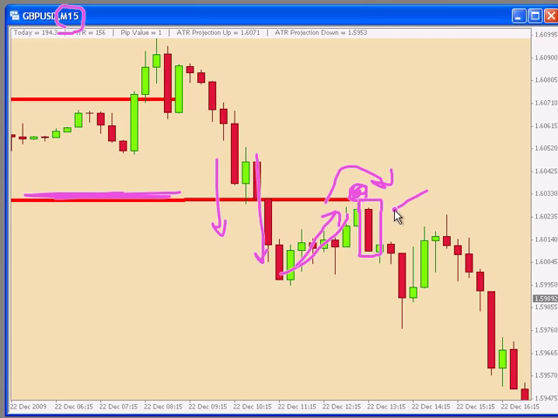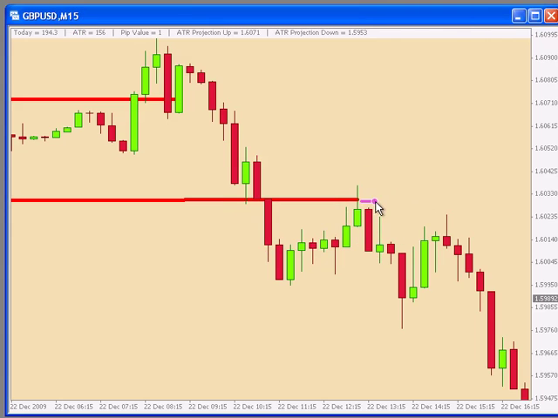In this example, we want to see a red bar. That's the first red bar upon price bouncing or retesting that former Tokyo lower boundary, right?